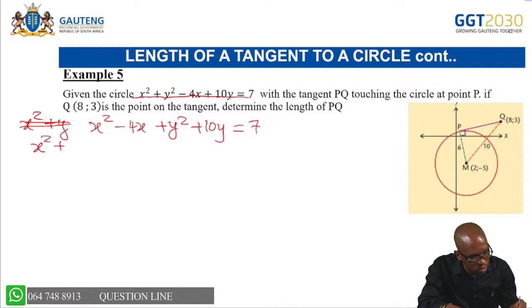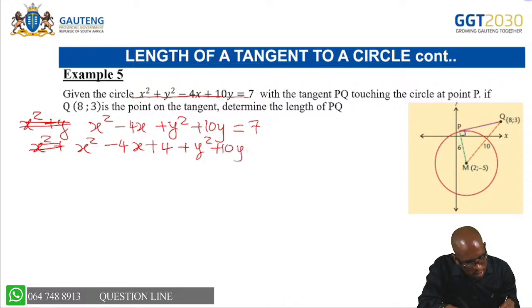That would be x squared minus 4x plus, we take the value of b, minus 4 divided by 2, which is minus 2 squared, we get 4, plus y squared plus 10y plus 10 divided by 2, which is 5 squared, that's 25.